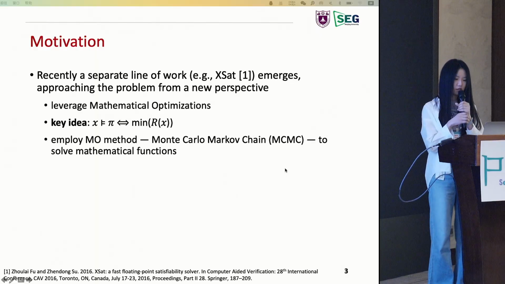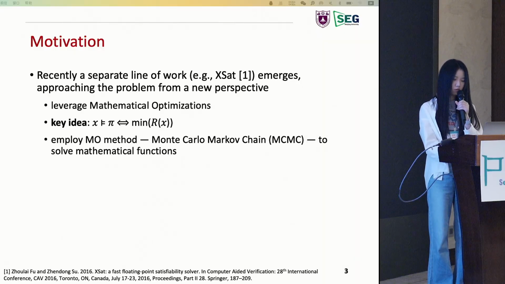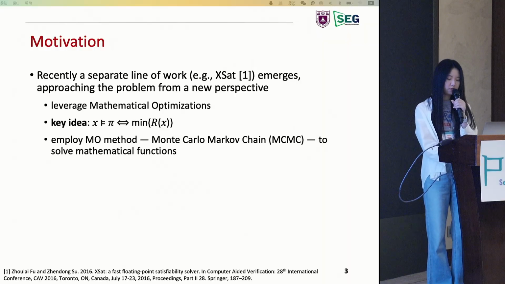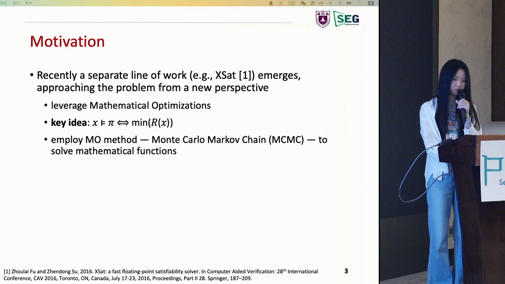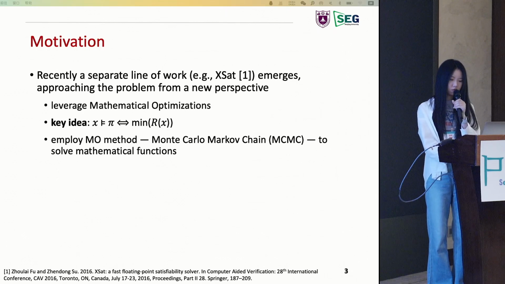Recently, a separate line of work emerged, approaching the problem from a new perspective. Specifically, it leverages mathematical optimization methods to find solutions to satisfiable floating point constraints. Take a work called XSat as an example.